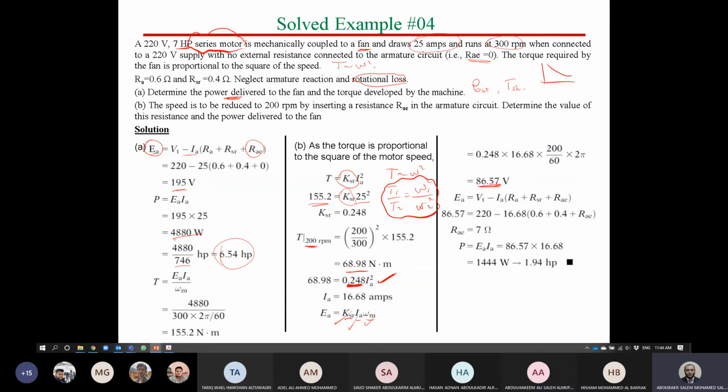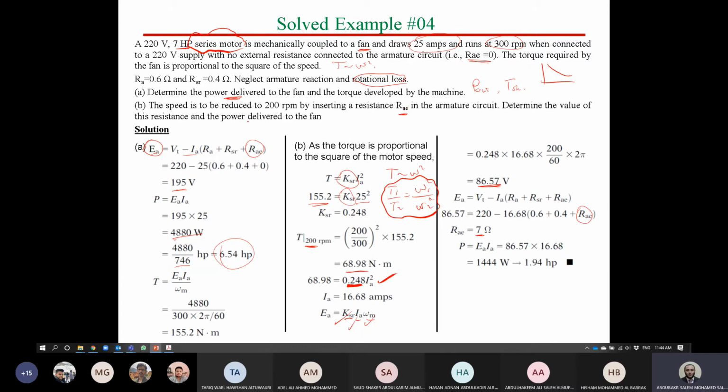Once you have EMF and the armature current, substitute in the electrical model of the series motor: E equals V minus IA multiplied by the summation of all motor resistances. Now you have only one unknown, which is the rheostat value, and as you can see here, it equals 7 ohms. So now we got the value of the rheostat that will reduce the speed to 200 RPM.